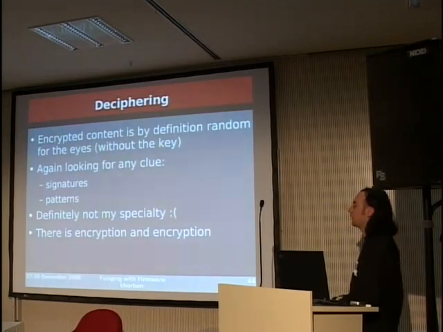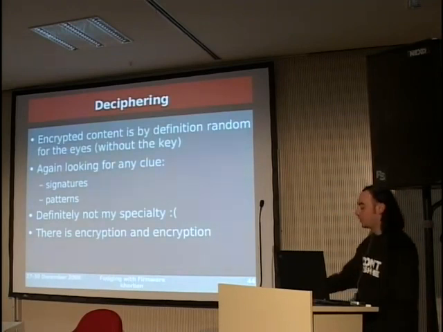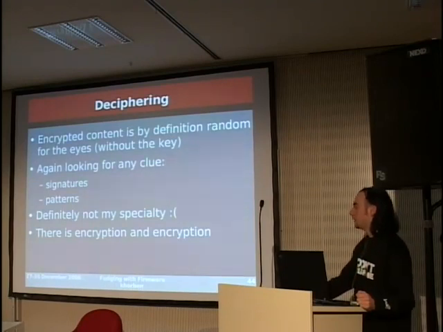Not even strings can tell you anything about it. But again, we may have some clues somewhere because as the rest is designed by humans, humans make mistakes. Perfection is really difficult to achieve. And as such, every algorithm may reveal some signatures or patterns when you look at it in a different way.